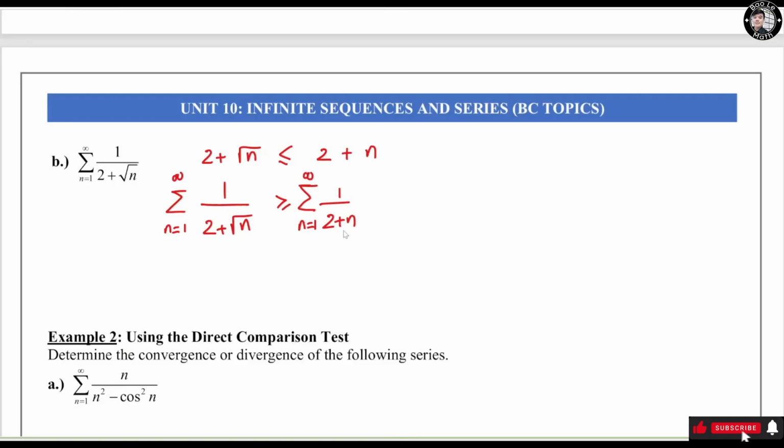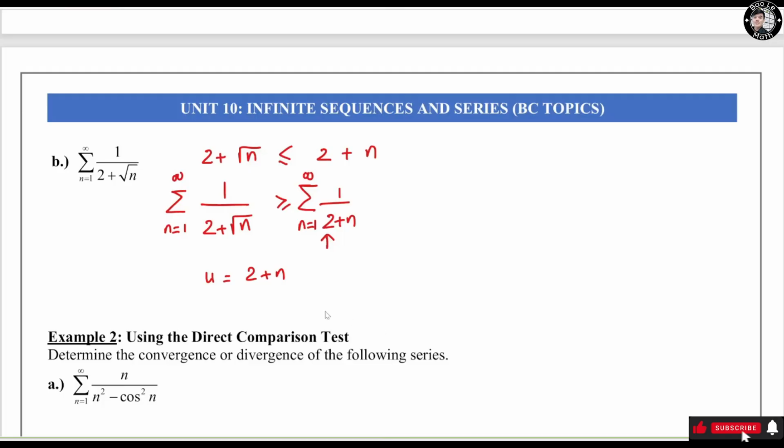Alright, now I'm going to use u substitution for this one so that I can use the p-series. This is 2 plus n, so I'm going to let u be 2 plus n. When n equals 1, we have u equals 3, and when n equals infinity, you have u equals infinity.